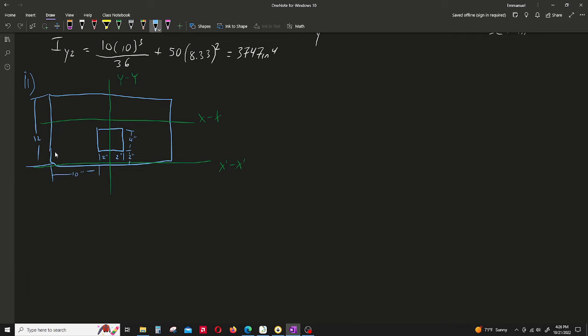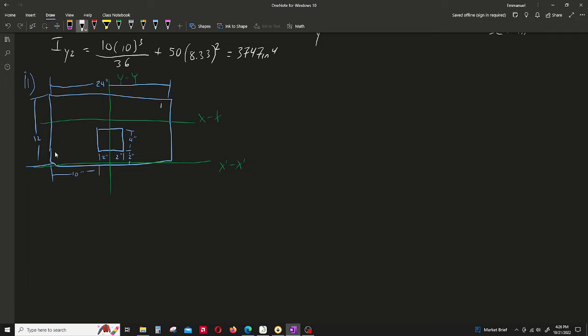Up here is going to be 24. So yeah, on this problem, again, we have to start with our general stuff. Find the areas, find the y, then find the moments of inertia.